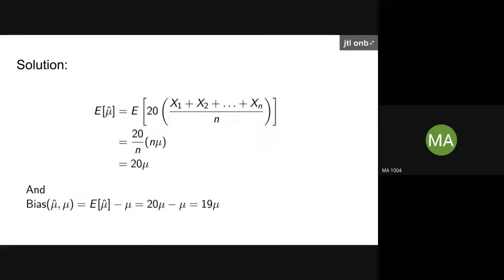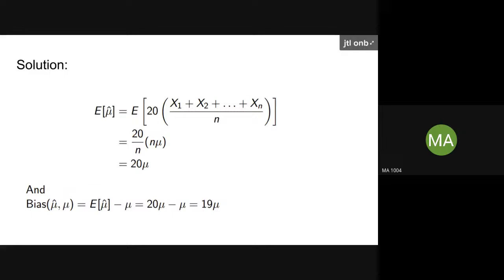As you know, x1, x2 to xn are samples coming from the distribution x which has mean mu. Therefore the expectation of x1 will be equal to mu, the expectation of x2 will also be mu, and likewise the expectation of xn will also be mu. So finally it will be mu plus and so on till mu. There will be n mu's, which sum up to n mu. We have 20 by n outside, so 20 by n into n mu, and then n gets cancelled and we get 20 mu, which is the expectation of mu hat.